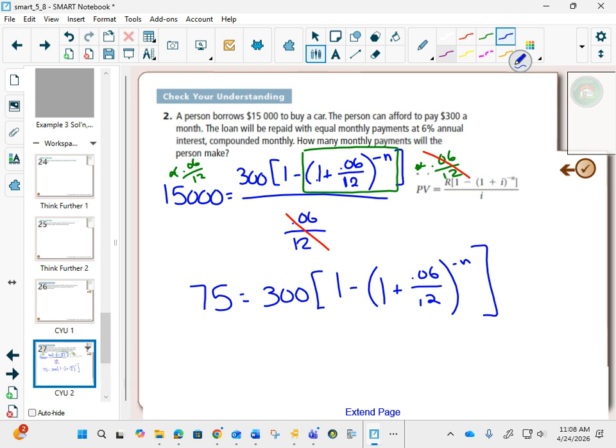Again, I'm going to keep simplifying until I get that power by itself. So next, looks like I could divide both sides by 300. And I would get 0.25 equals, and when I divide by 300, do you see that you just have the square brackets left? So I do not need to write them because they're not holding anything anymore.